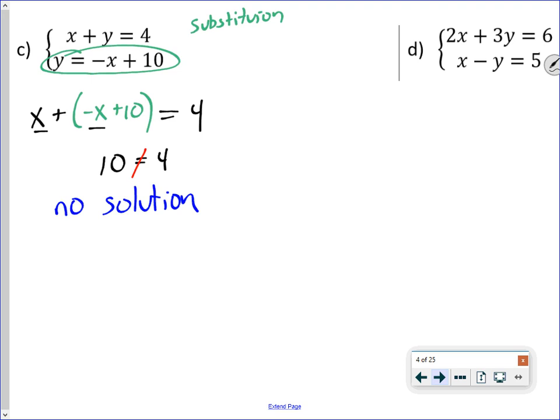All right, for D here, I'm going to use elimination. I'm going to eliminate one of the variables. In order to eliminate one of the variables, we need the coefficients of x or the coefficients of y to either be the same or additive opposites.